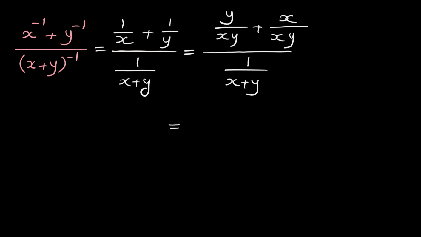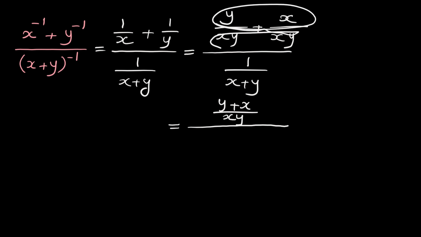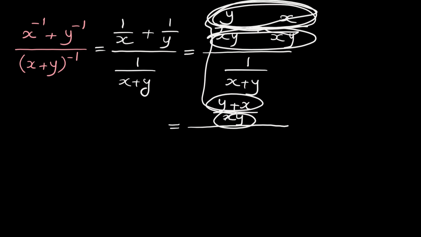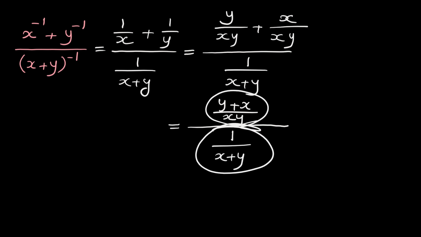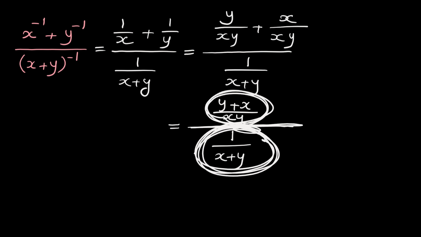Now, if you pay attention, this equals y plus x over xy, because the denominators are the same, we add the numerators. Y plus x over xy, all of this divided by 1 over x plus y. We know that for dividing two rational expressions, we write the first one, then we multiply by the reciprocal, or invert, of this.